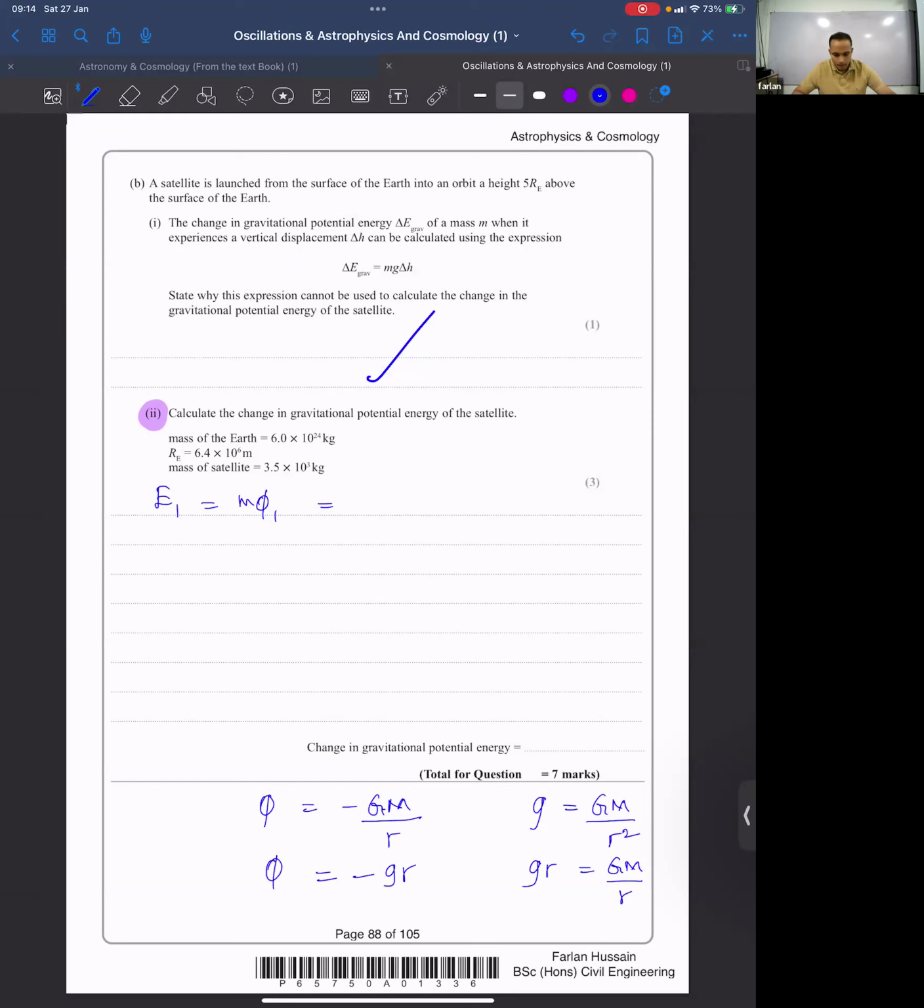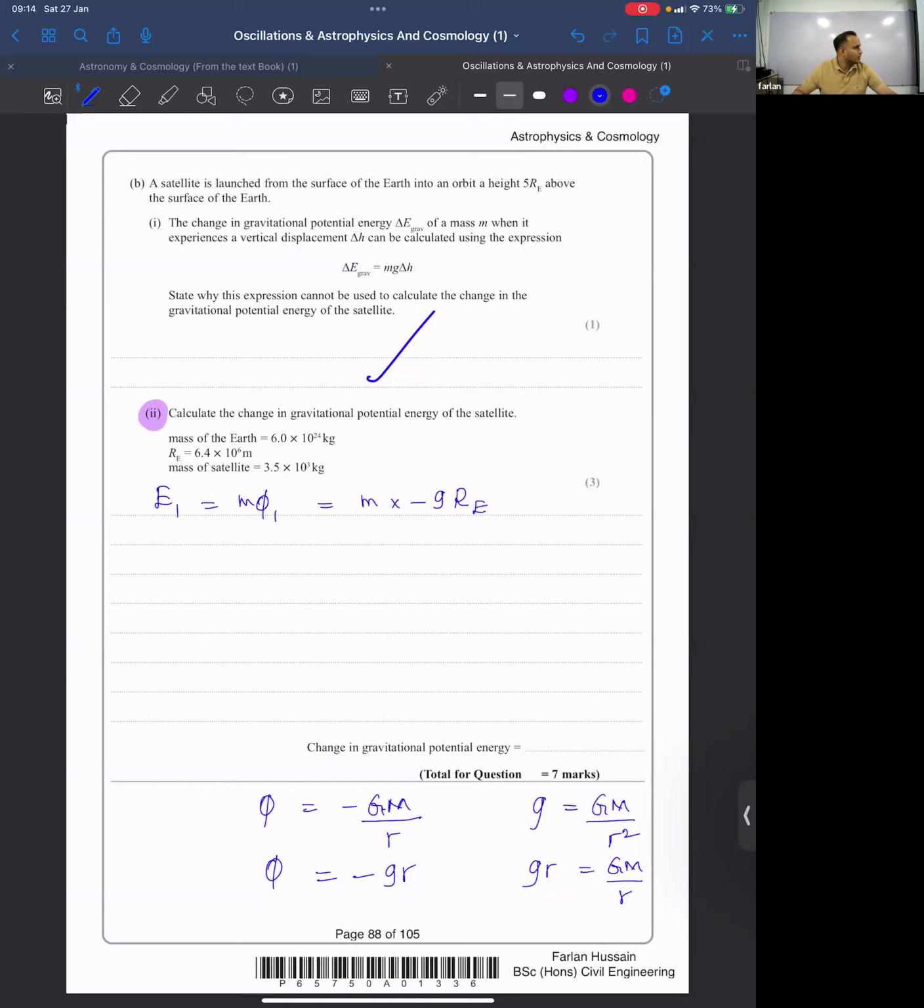So, initial potential energy when it is at the surface of the earth, if I take it as m into minus g into, initially it is at a distance of Re at the surface of the earth.